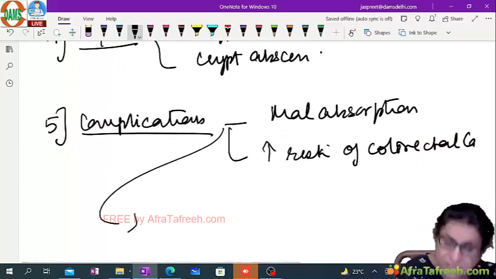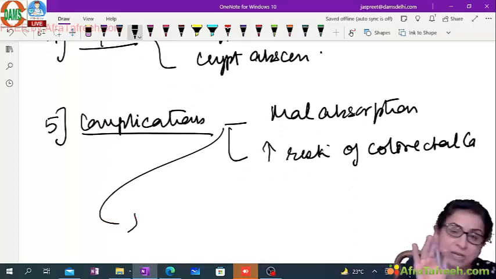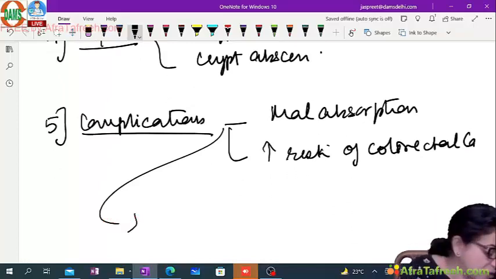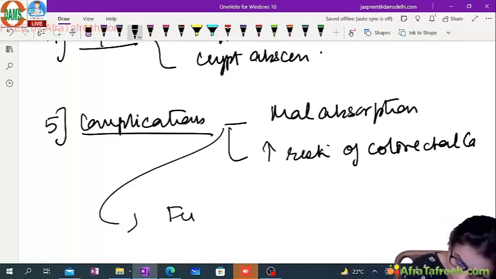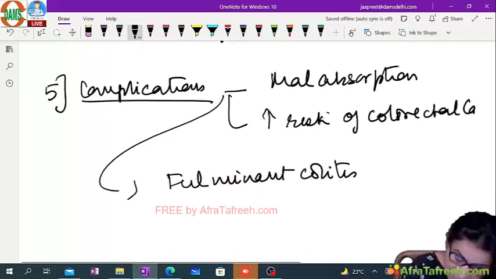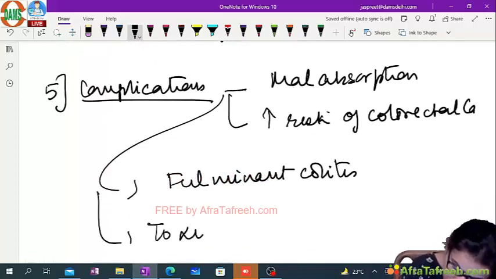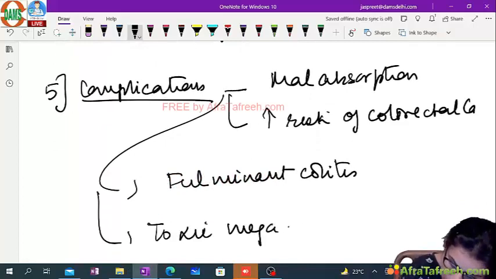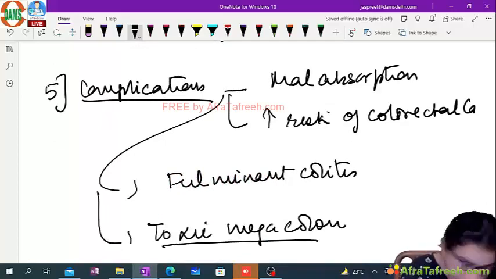Here you don't have fissures or fistulas. But the third complication is fulminant colitis, with marked inflammation, and toxic megacolon.